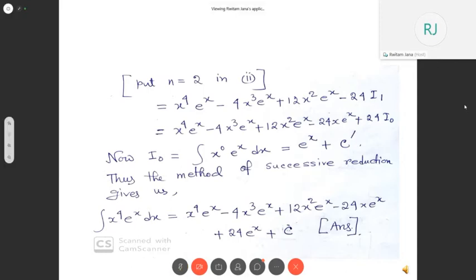So this part is clear? Yes, this part is clear. Anybody? Clear.